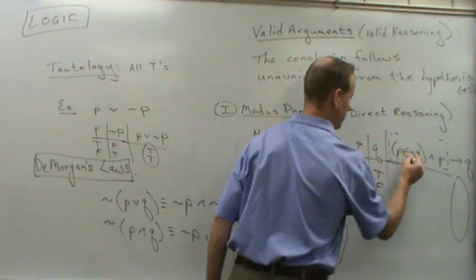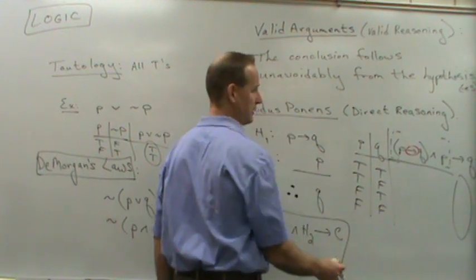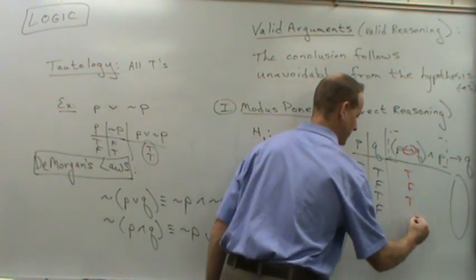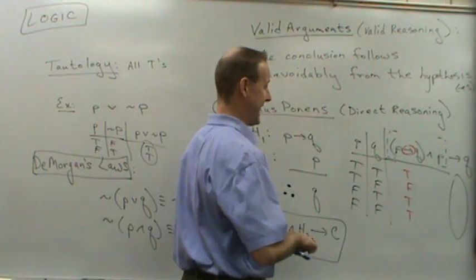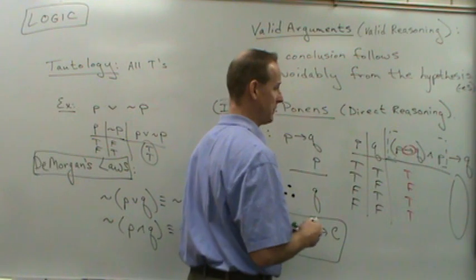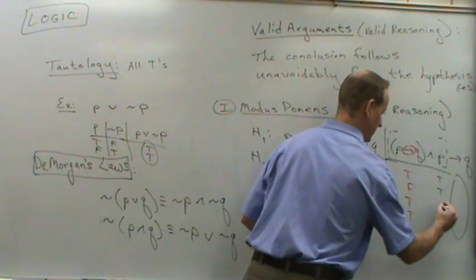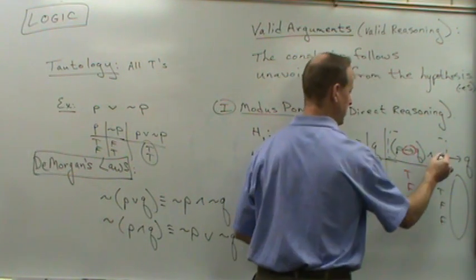So the first parenthesis, the first hypothesis, I need to evaluate the truth there. If P then Q, straight truth table definition of that connective: true, false, true, true. And P. Now I'm just going to rewrite P here. P was true, true, false, false. That's P, right?